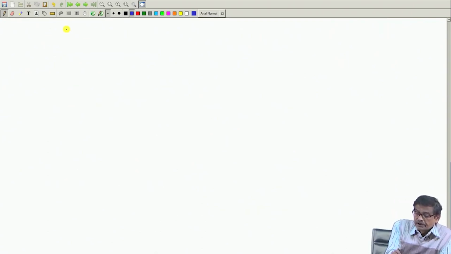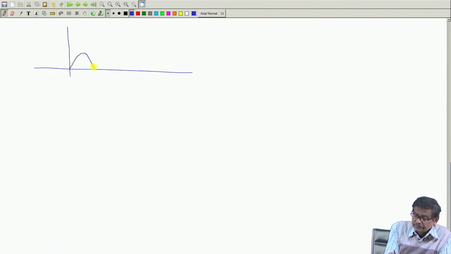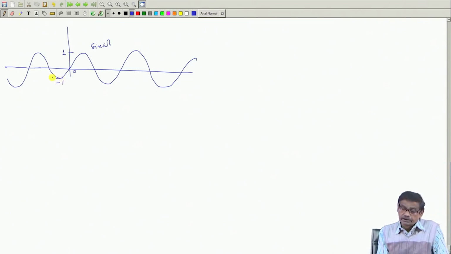For example, if I ask you to sketch sin omega t, if I simply ask you to sketch, you will sketch like this, is it? And sin omega t, this is 1, this is minus 1, it oscillates between minus and plus 1 with a regular angular frequency omega radian per second, that is fine, this is the time axis.